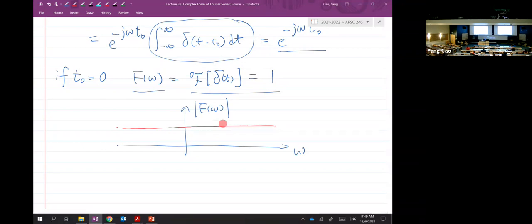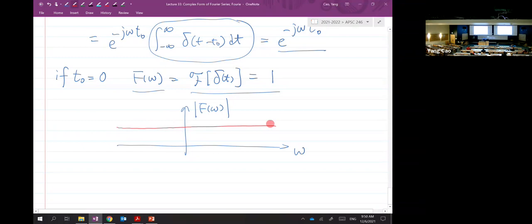This is why the delta function is so much a wanted function by a controls engineer. They want to be able to create a delta function so they can give it as an input to a system, because it contains all the frequency components.